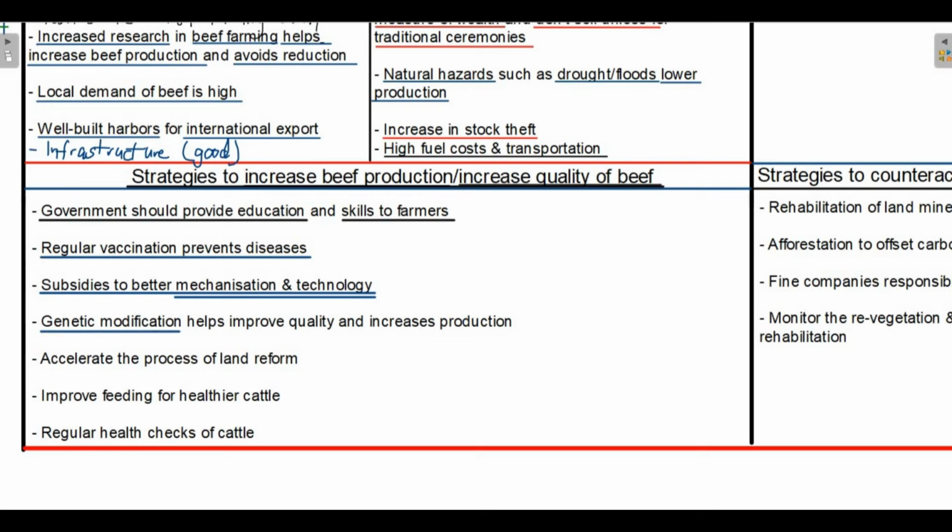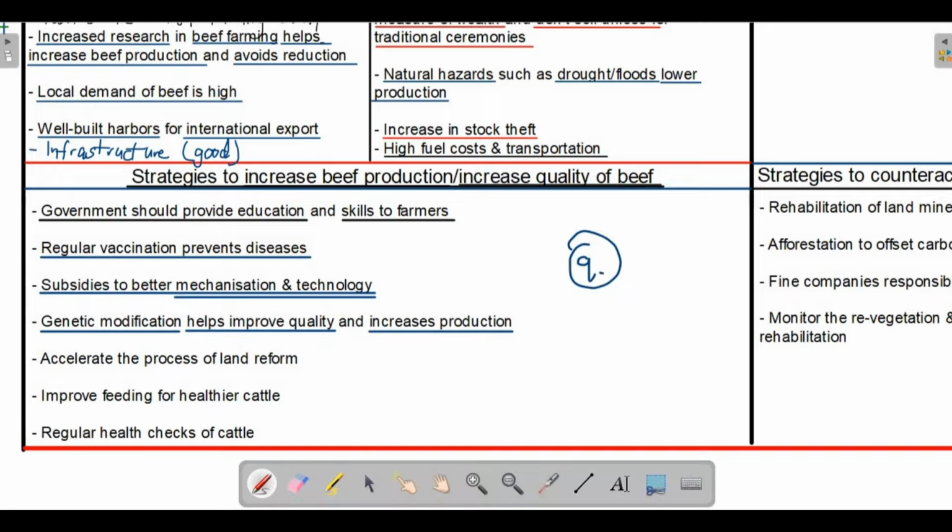Genetic modification or genetic engineering should be applied to help improve the quality and increase production. So genetic modification, that is you changing the composition or the makeup of genes of particular offspring so that you get the desired characteristics. So if I have, let's say, a quality bull and I want the offspring to have all of these characteristics of this quality bull, so I take its genes, take those genes and insert it into the fertilized egg so that it can also be a quality bull as well.